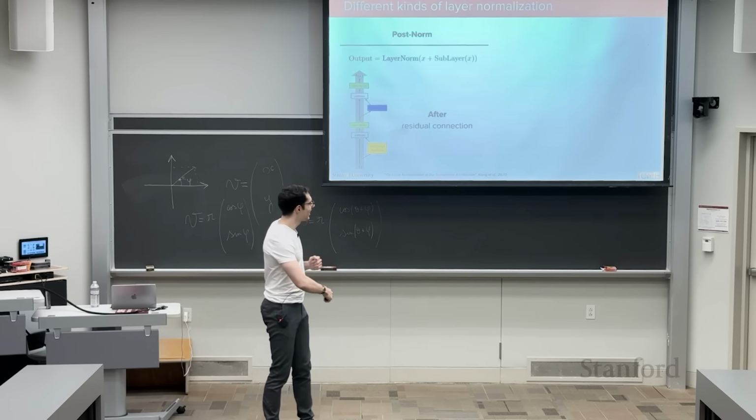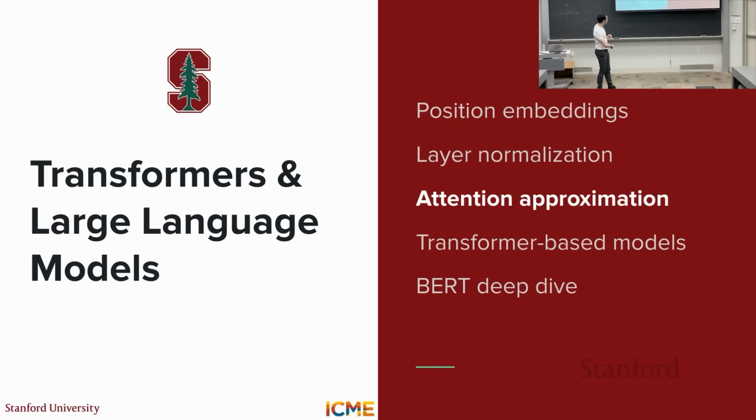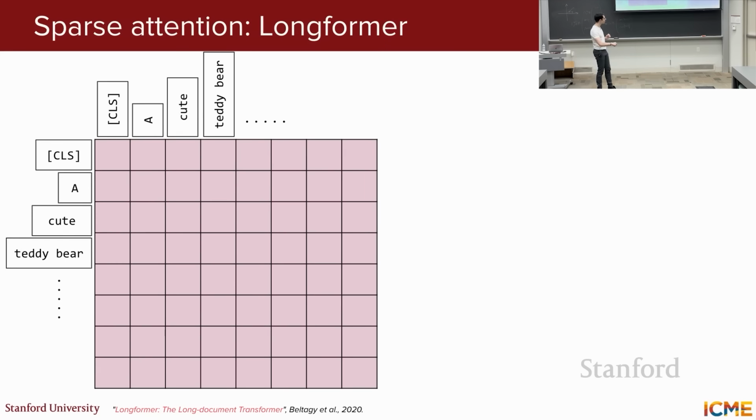Great. So we've seen position embeddings and layer normalization. Now we're going to see a third important component of the transformer, which is attention. In particular, something I've not really emphasized: when you do self-attention, you're basically letting every token interact with all other tokens.